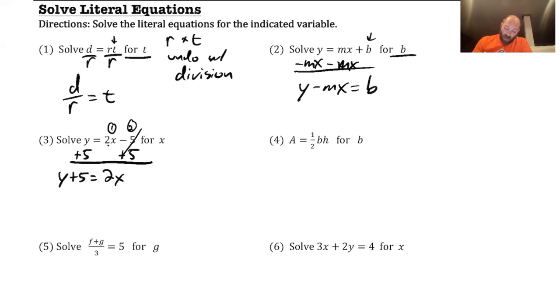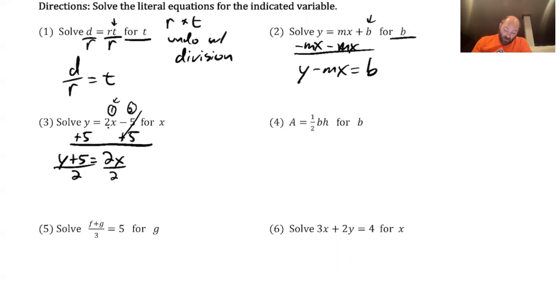From there, I can now undo my multiplication. You remember that's going to be done with division, and I'm just going to do it to both sides. Now I can write this, I'll keep the order, y plus 5 over 2 is equal to x.